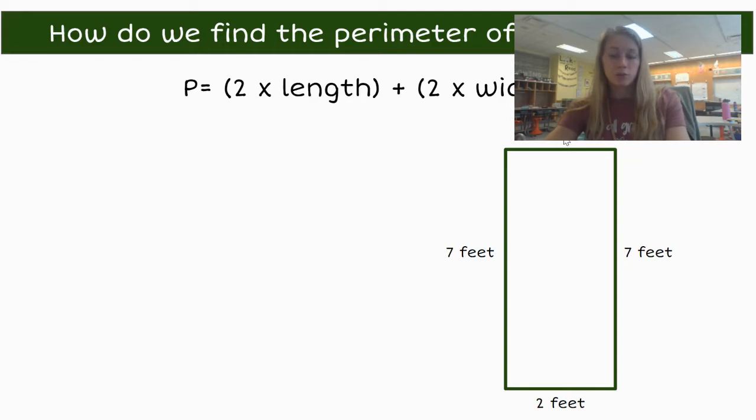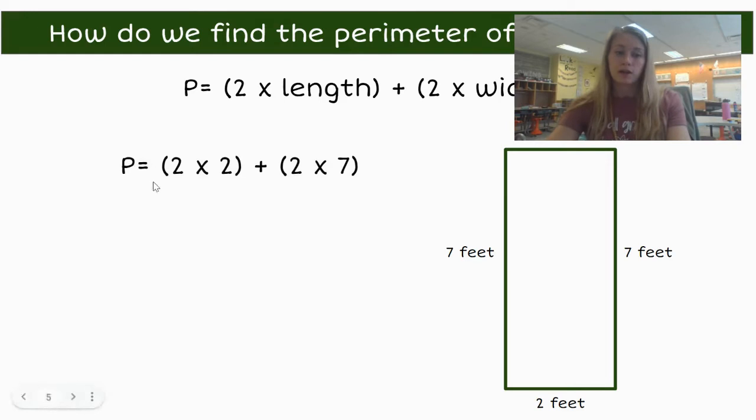And if I could multiply the width, 2 feet, by 2 because I have 2 widths. So this would look like perimeter, P for short, is 2 times 2, my width here, plus 2 times 7, which is my length. So all it's saying is I have 2 of each of those lengths.